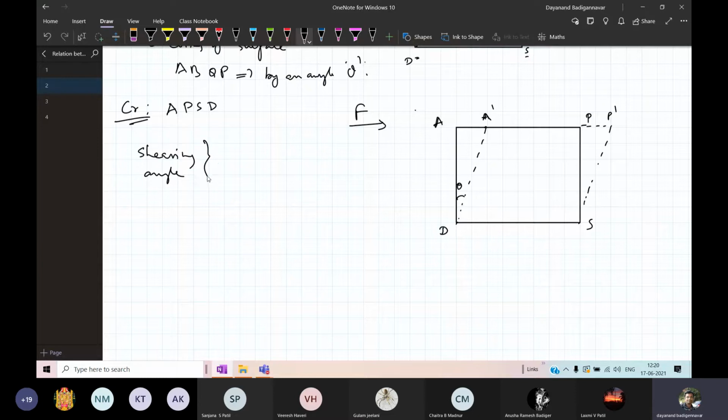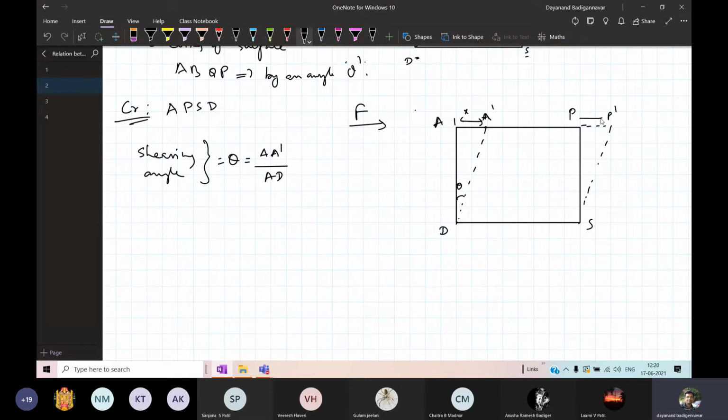The shearing angle theta is given by AA dash by AD. So AA dash means this much is the shearing that has taken place, X. So from here it is P dash.